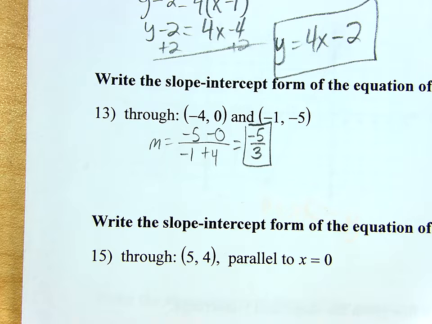When you're finished, see if you got the same thing I got. Did you get what I got? All right. Negative 5/3.